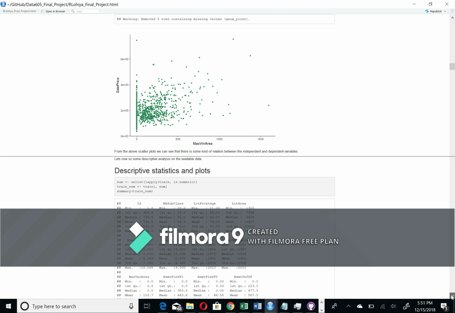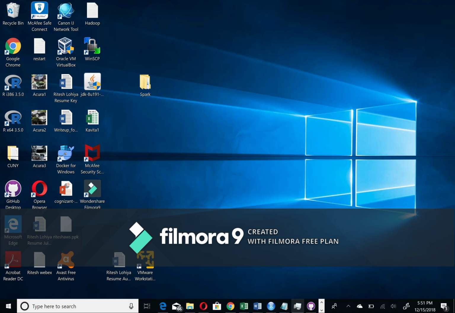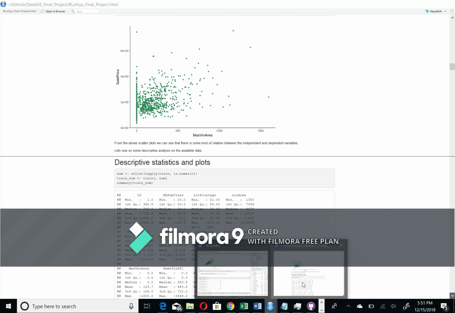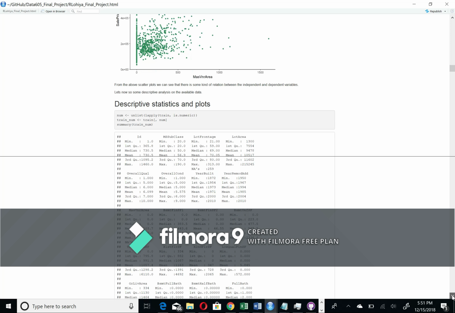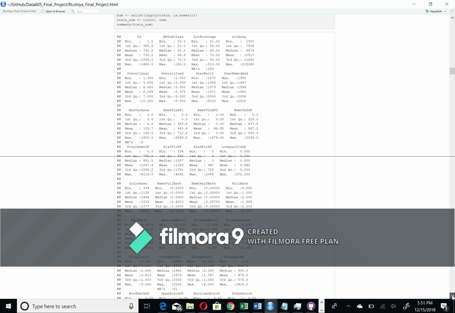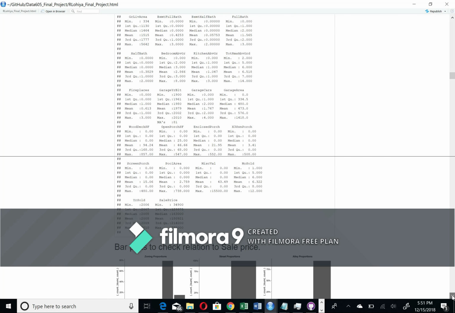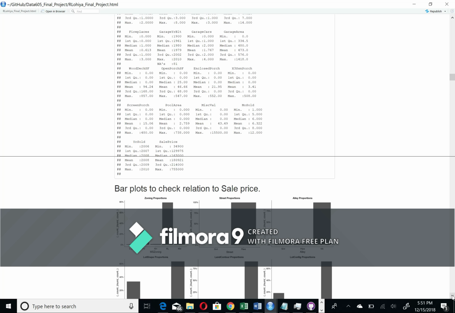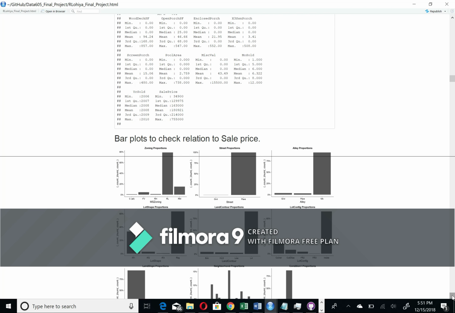Then I started with descriptive statistics and plots. Initially I did the summary to get the descriptive statistics. So these are the statistics. Then I did some box plots to check the relation of these variables with the sale price.